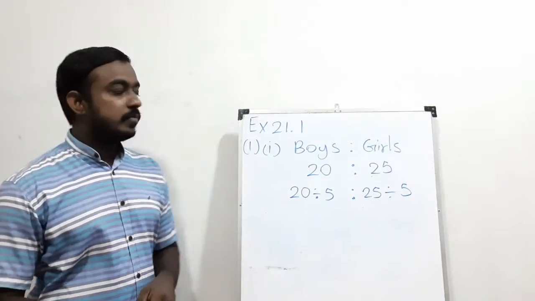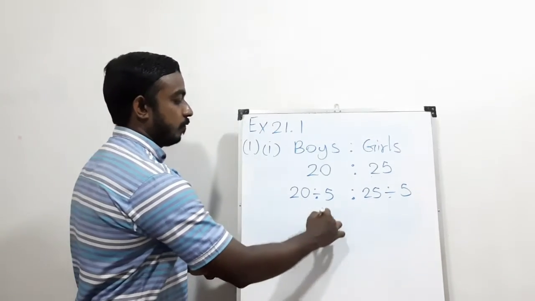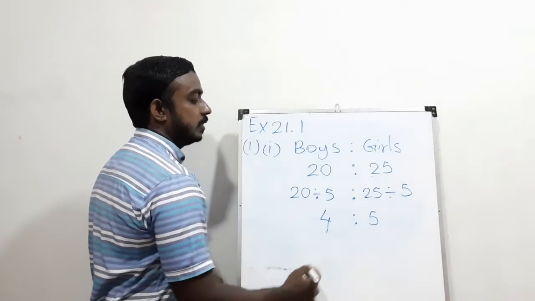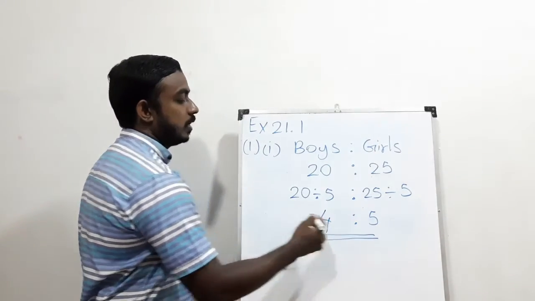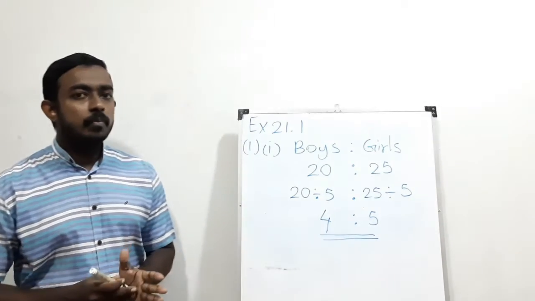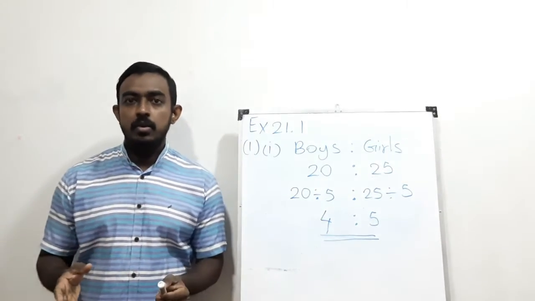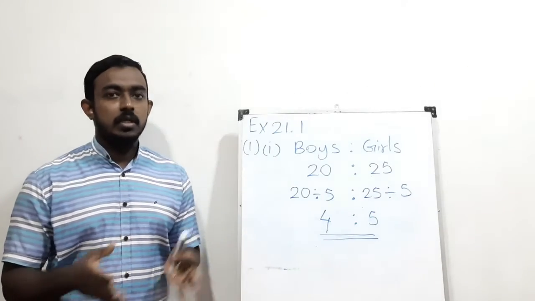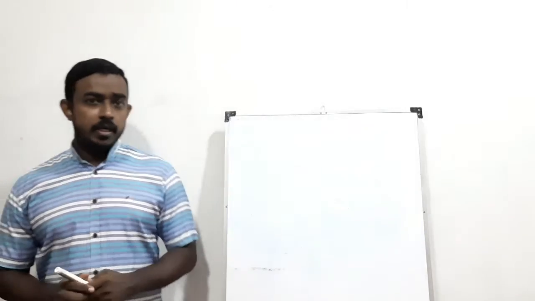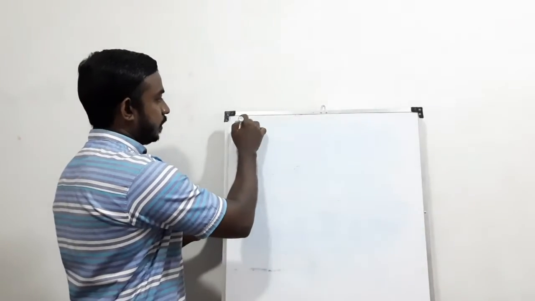Then you will receive the answer as 4 to 5 as the simplest ratio. This is known as the simplest ratio. So now I hope all of you have understood how to put something in a ratio and how to make it in simplest form.